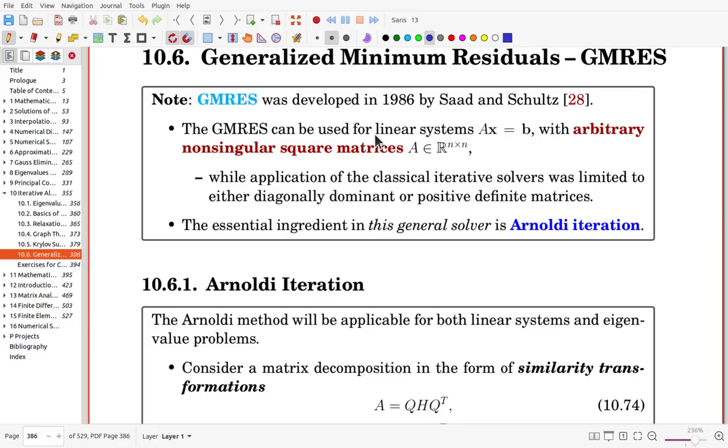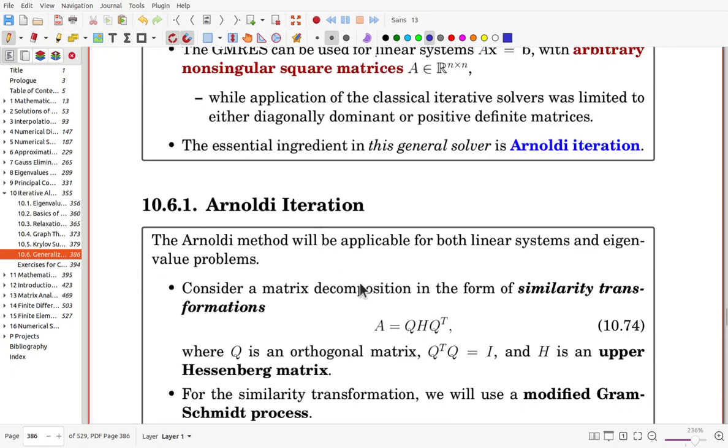For this general solver, GMRES, the essential ingredient is Arnoldi iteration. The Arnoldi method will be applicable for both linear systems and eigenvalue problems. Let's consider a matrix decomposition in the form of similarity transformations as in this equation.